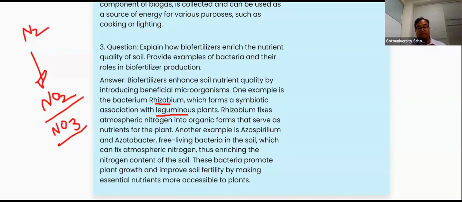Other examples of nitrogen fixing bacteria are azospirillum and acetobacter. These acetobacter and azospirillum bacteria grow to the maximum level and fix the atmospheric nitrogen. Does the plant root take the atmospheric nitrogen?